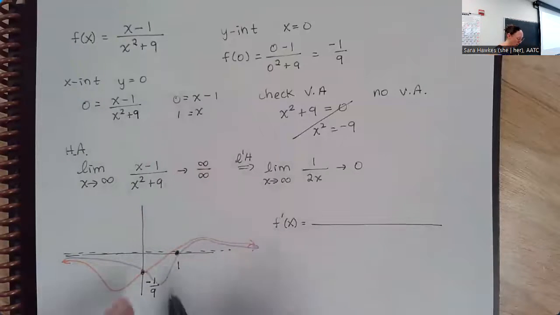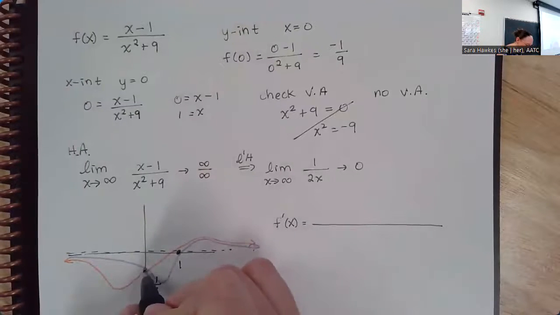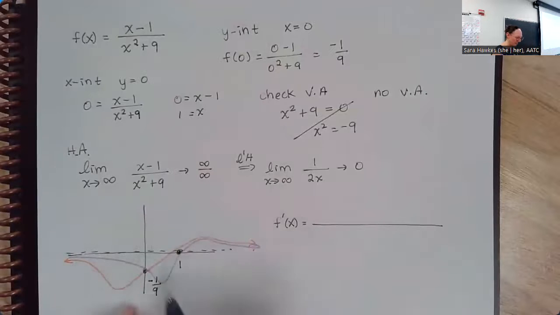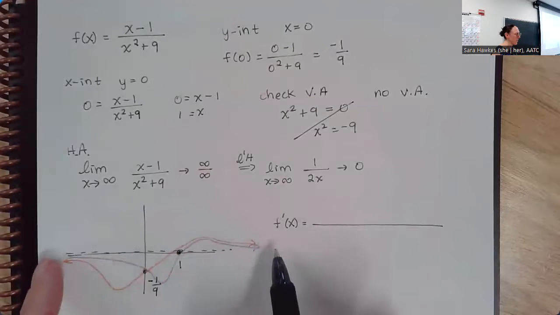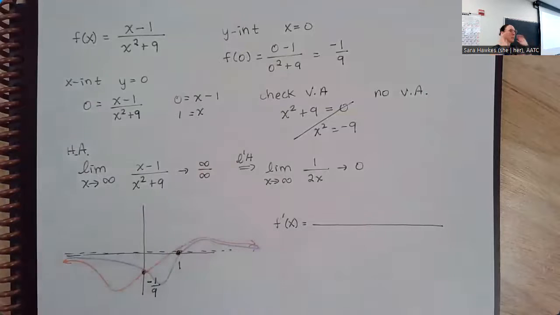I'm just saying if I ran out of time, I would pick one of those and sketch it and hope for partial credit, right? Because I know the 2 points I have to go through, and I know I've got to get to that horizontal asymptote. So I'm just going to put something plausible down on the paper in case I run out of time.